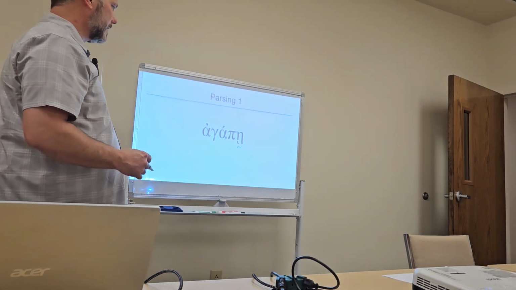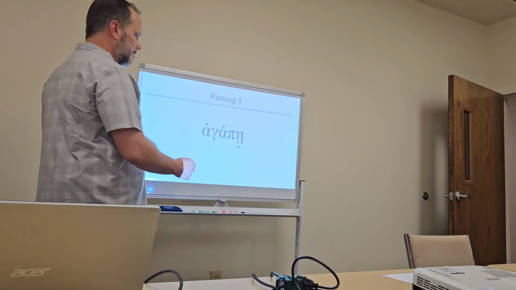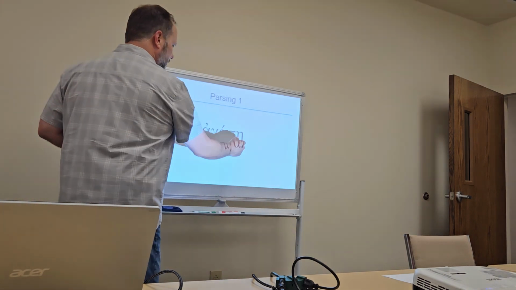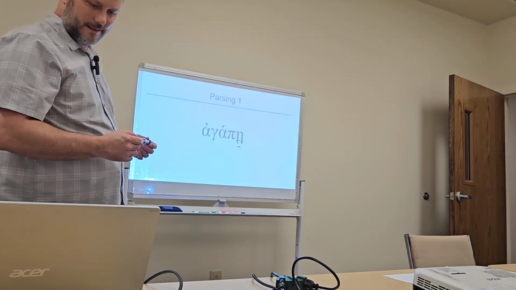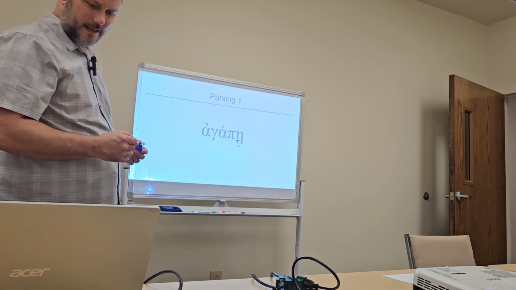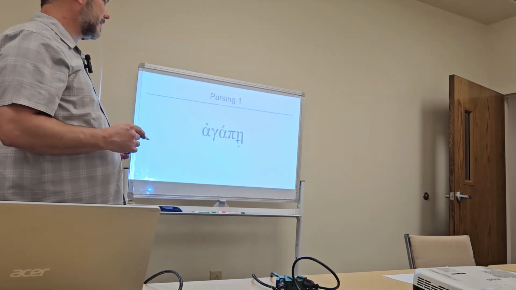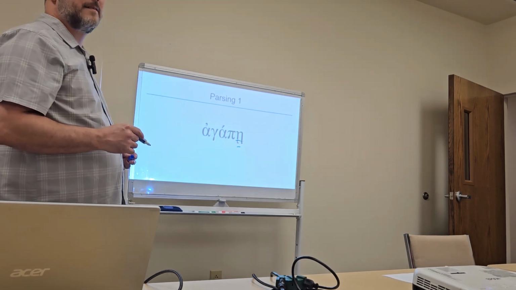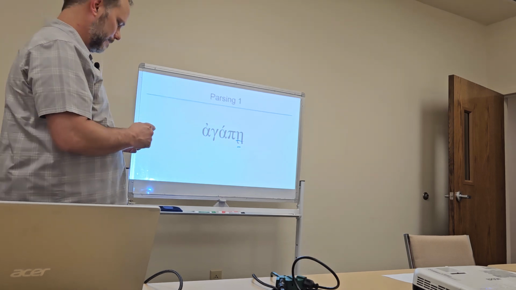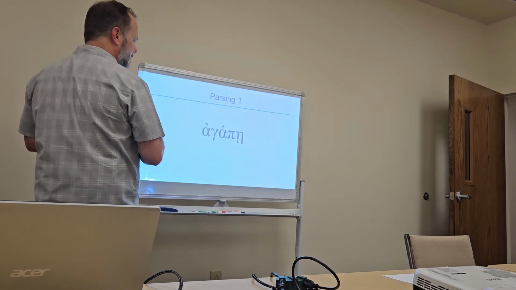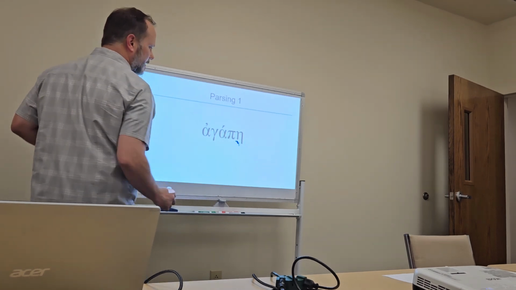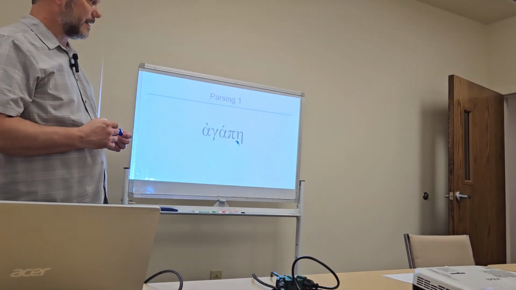Okay, and we know this because of the eta? Yeah. Feminine. And the lexical form, which would be how it would be in the dictionary, would be agape without the iota. Exactly.